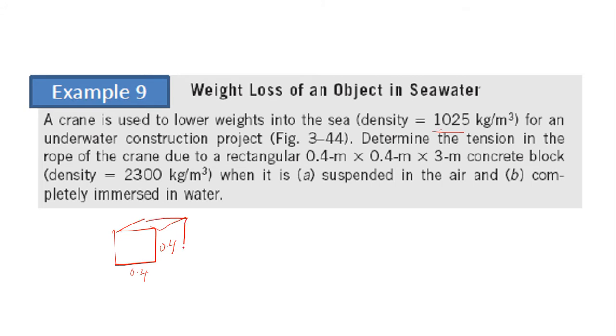Whether it's the length or the height, it is given. 0.3 or 3, sir? 3, sorry. Okay, that means you are paying attention, it's good. Length, height. Okay, 0.3. The concrete block has a density of 2300, so you know the density of the block.